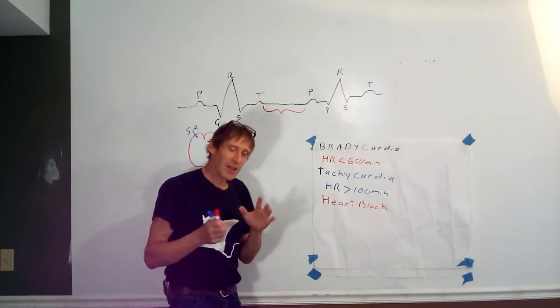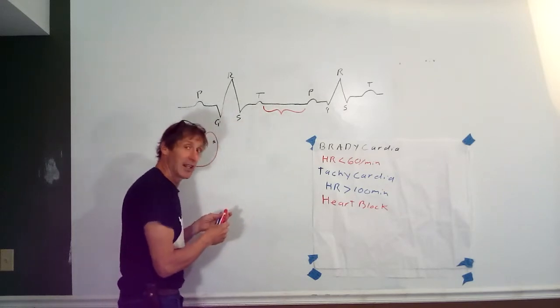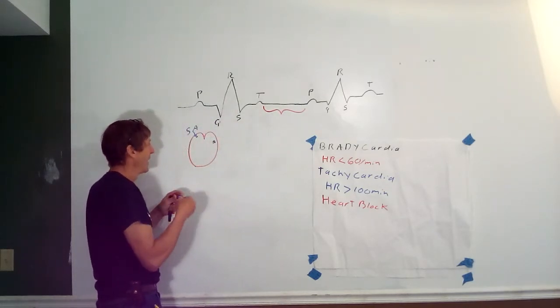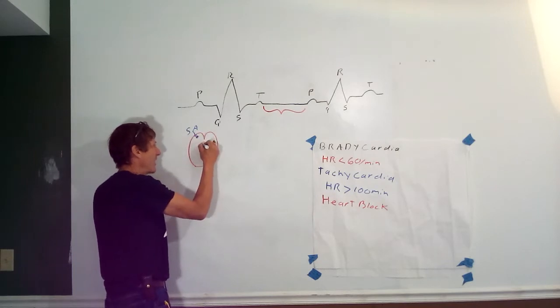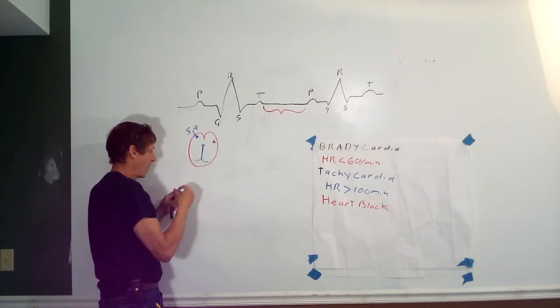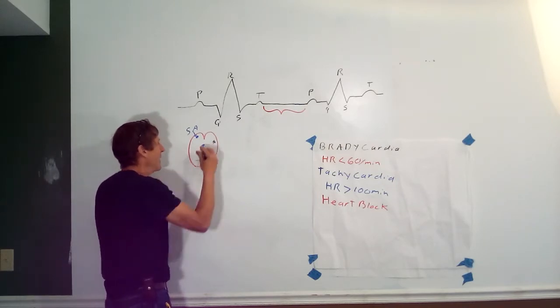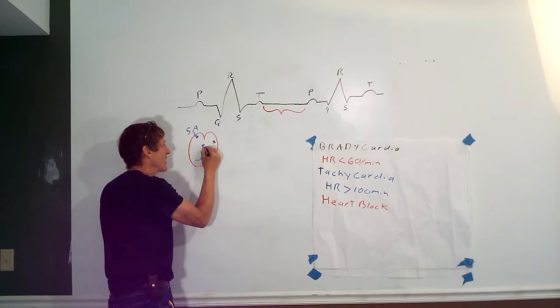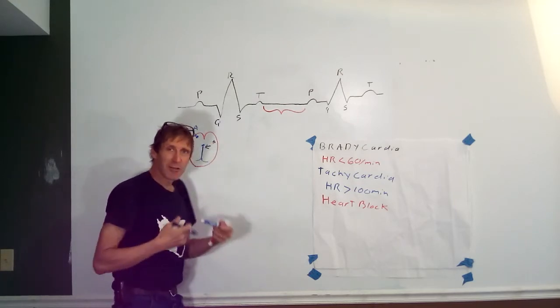And they all have one thing in common. Remember, when we're looking at the heart, the SA node is here, the AV node is here, then the AV bundle goes down. In heart block, something is interfering with the conduction between the atria and ventricles.